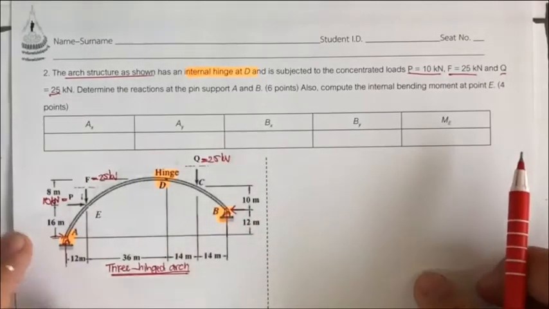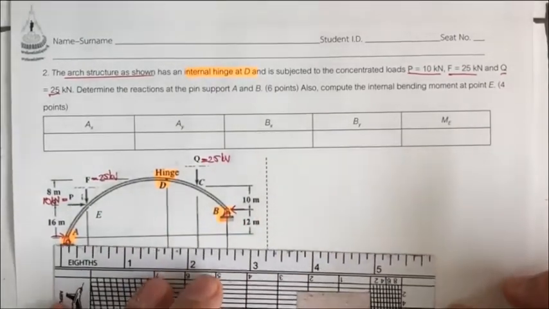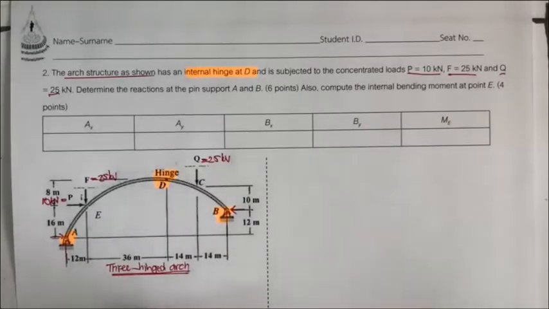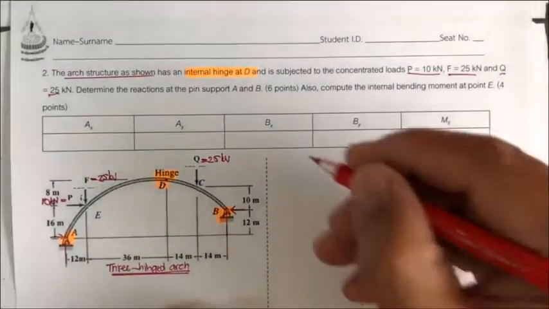So by this type of hinge, we know that we're supposed to draw the free body diagram.